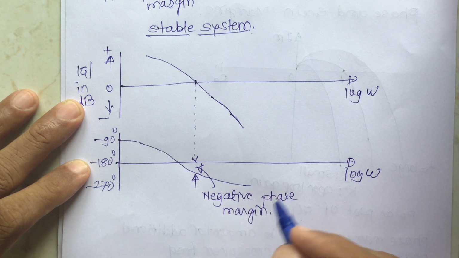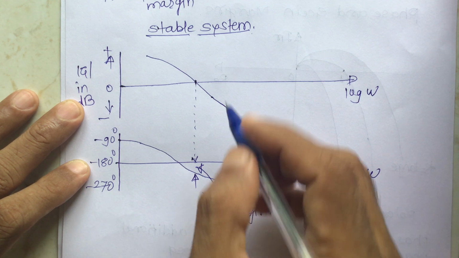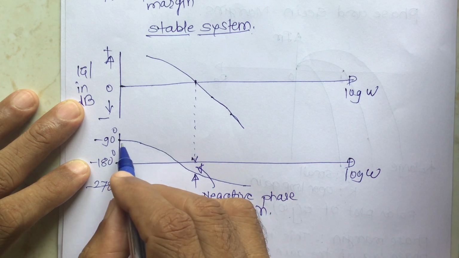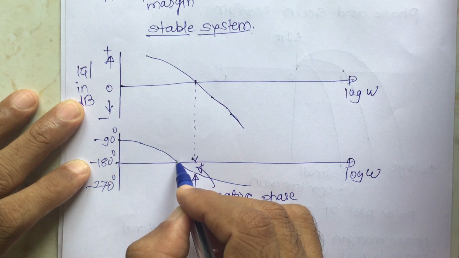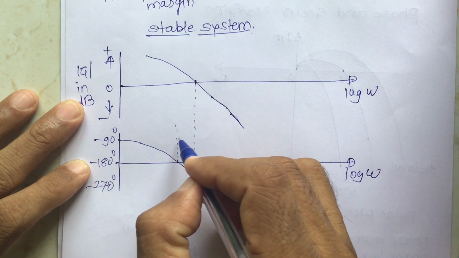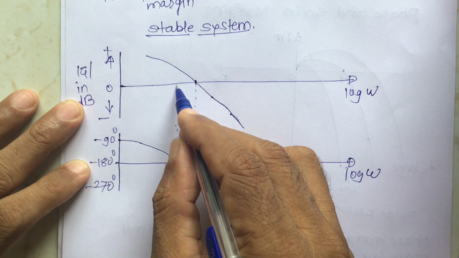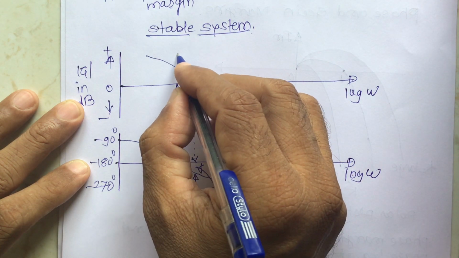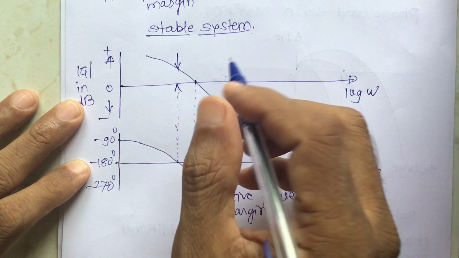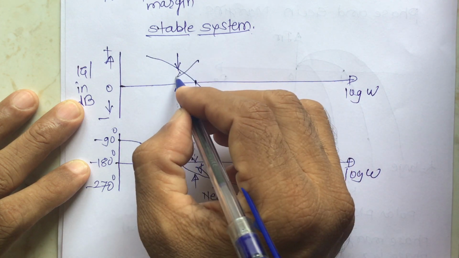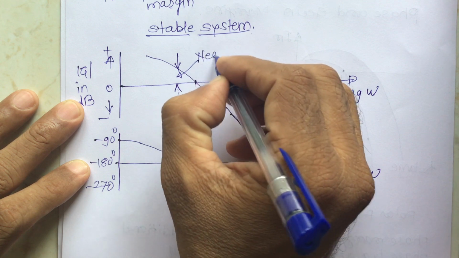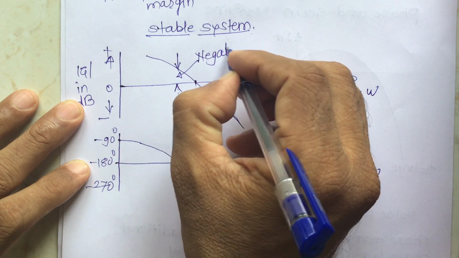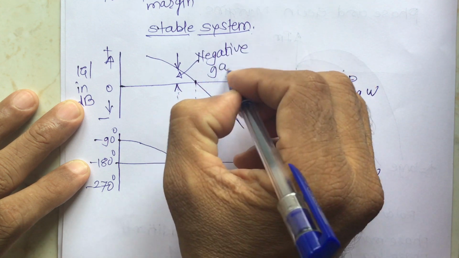Okay, this is a negative phase margin, and now this is the phase plot. So this is the phase crossover frequency. If you draw the line like this, this is your gain margin, but this gain margin is a negative gain margin.